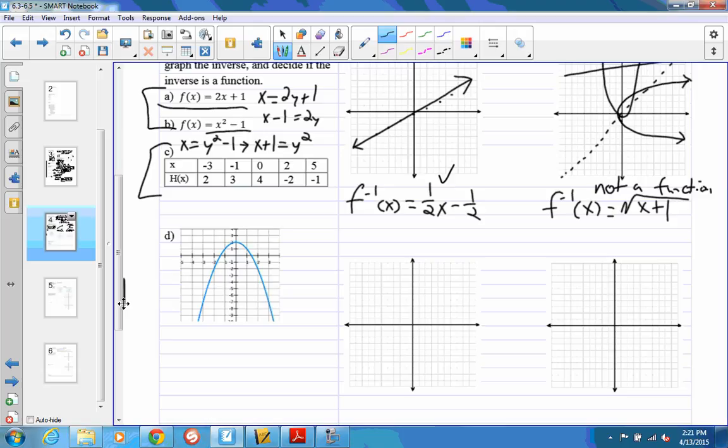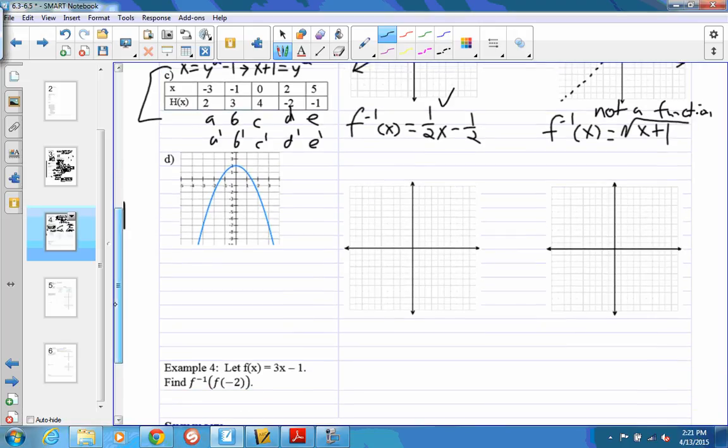So instead of points A, B, C, D, and E, these will be A prime, B prime, C prime, D prime, and E prime. And then just connect the dots and see if it's a function, right? So, let's do it. If I want A prime, it's not -3, 2. It's 2, -3, right? So here's A. B prime is 3, -1.